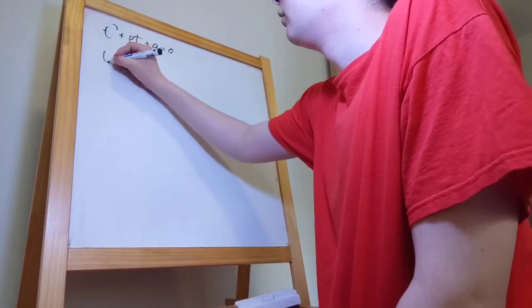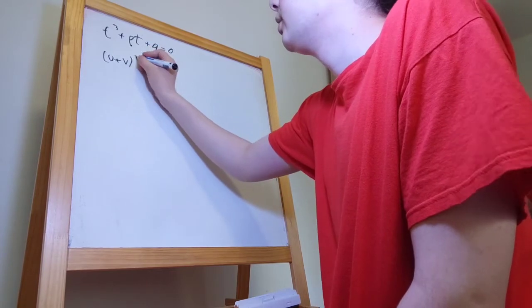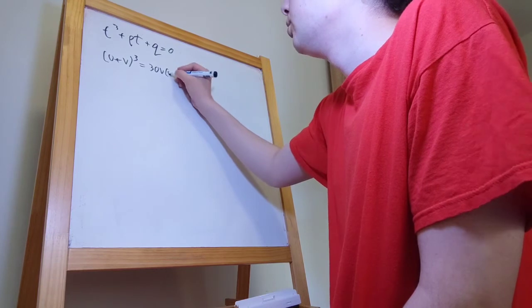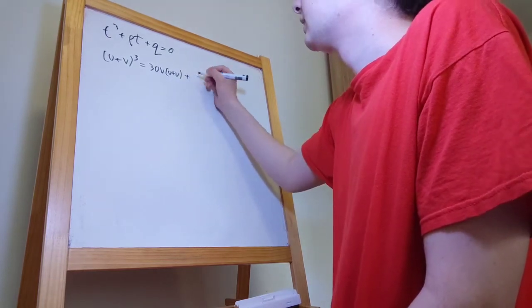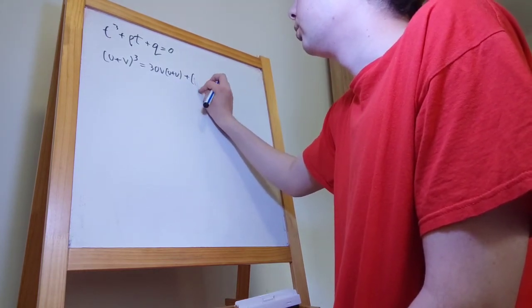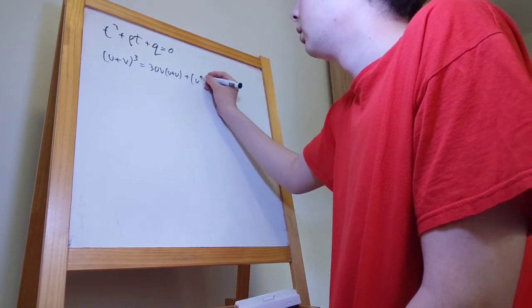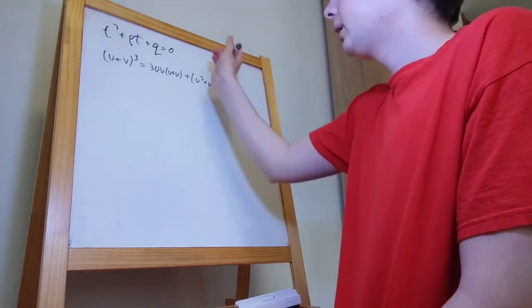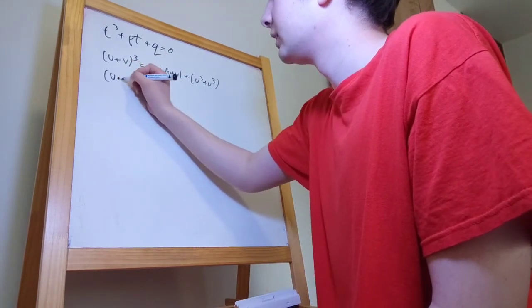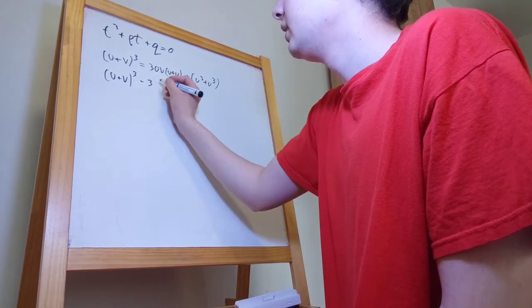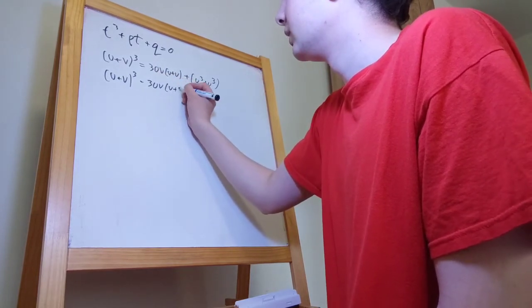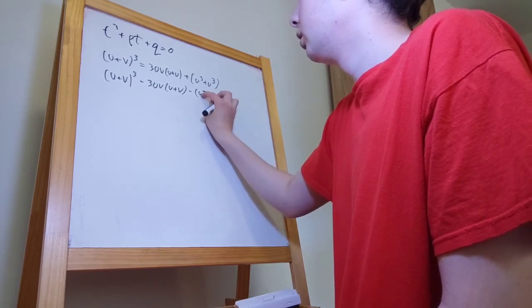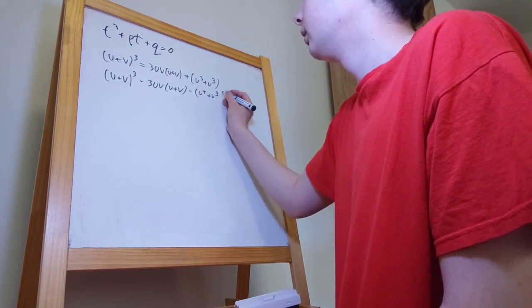But there is a formula which states that (u plus v) cubed is equal to 3uv times (u plus v) plus u cubed plus v cubed. By bringing this to the left, we get (u plus v) cubed minus 3uv times (u plus v) minus (u cubed plus v cubed).